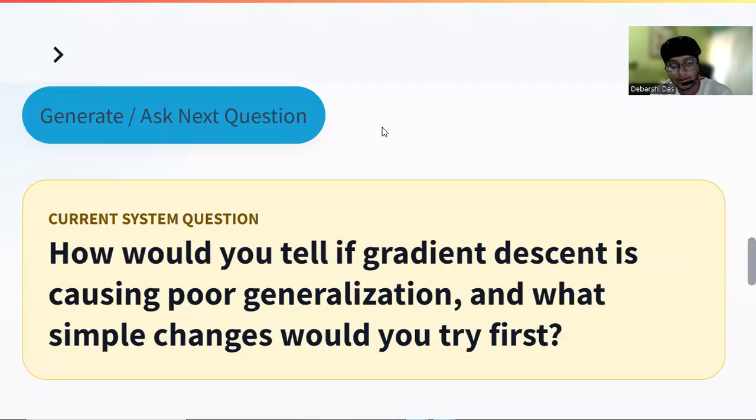So gradient descent is causing poor generalization when the calculation of the weights by adjusting with its error is not as accurate as we would like it to be due to saturation.